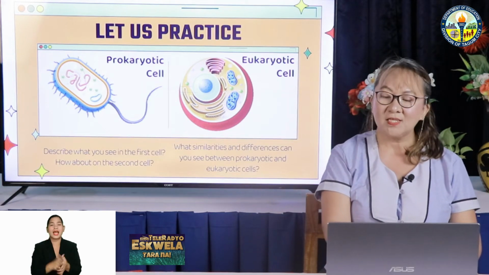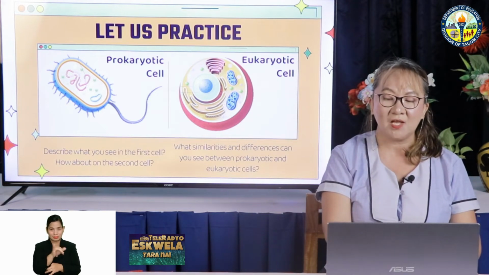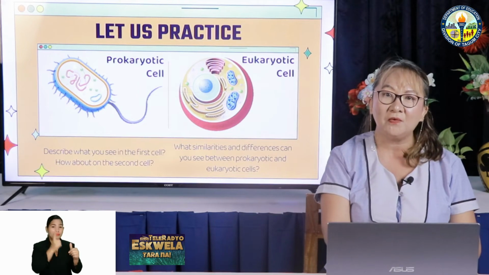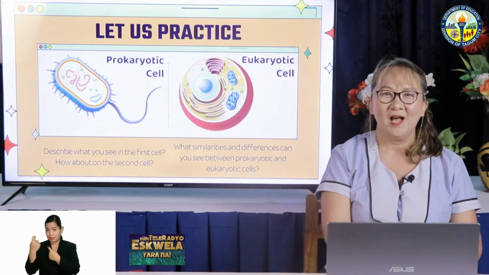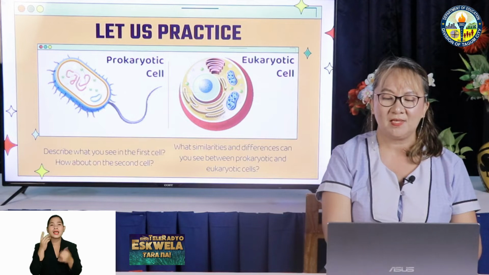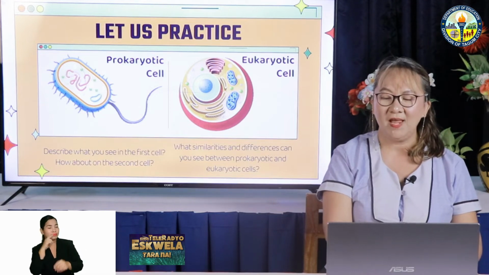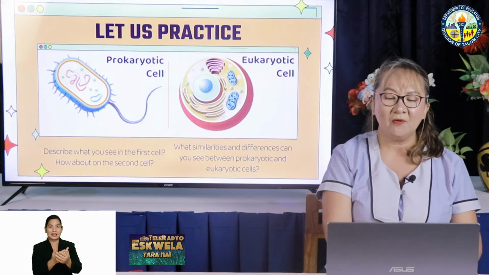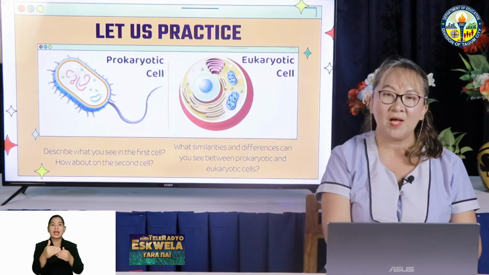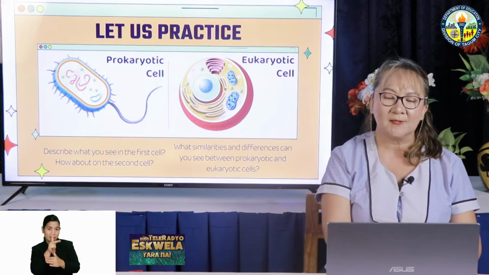Now, what similarities and differences can you see between prokaryotic and eukaryotic cells? I will give you time to think of it. Great! Now, let's move on and learn about plant and animal cells.